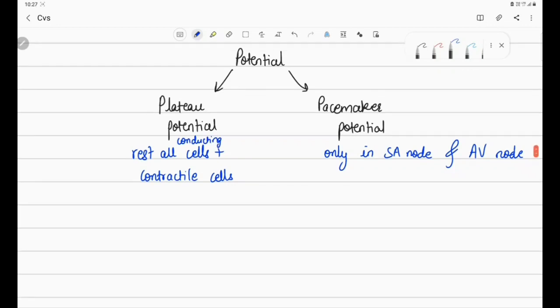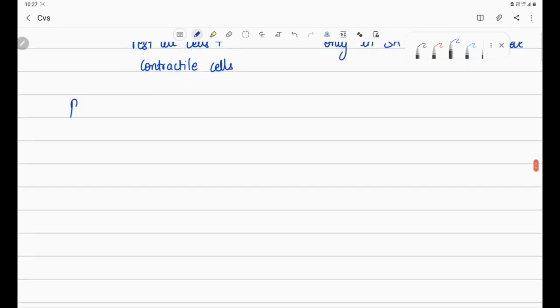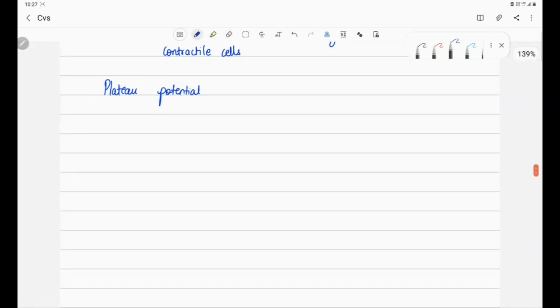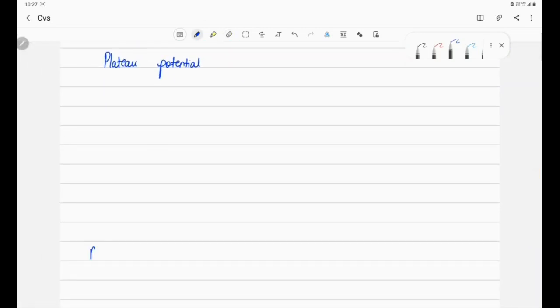So let's see the plateau potential first. So here comes the plateau potential. The RMP of the normal contractile cells or the cardiac muscle cells and the rest of the conducting cells is minus 90. So here is our RMP.